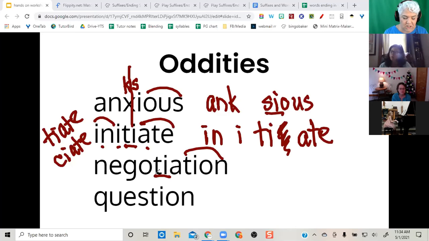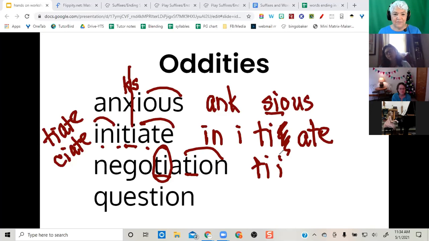Is this a sh and that a sh? Negotiation. This is a word where this part here is really supposed to be like this, but I'm not allowed two I's together. So it's negotiation, but the T is saying sh all by itself.